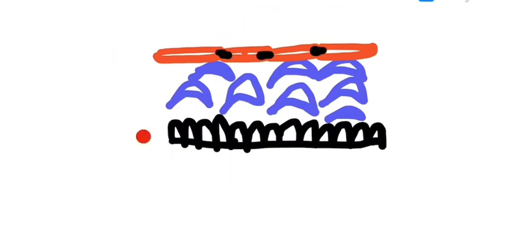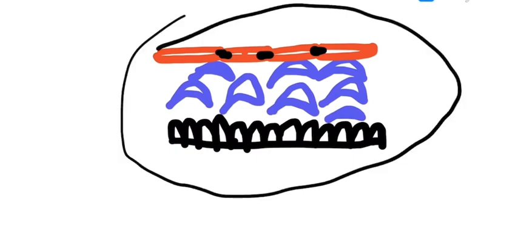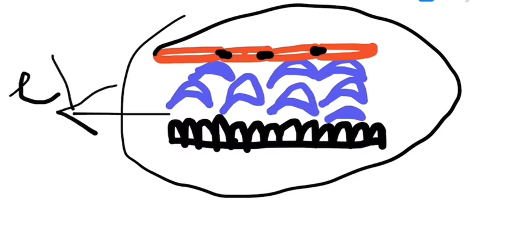So this all together is your epithelium. Next we are coming to the second layer of the cornea, which is Bowman's membrane.